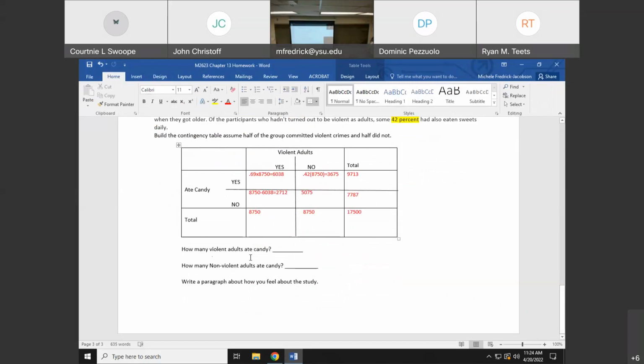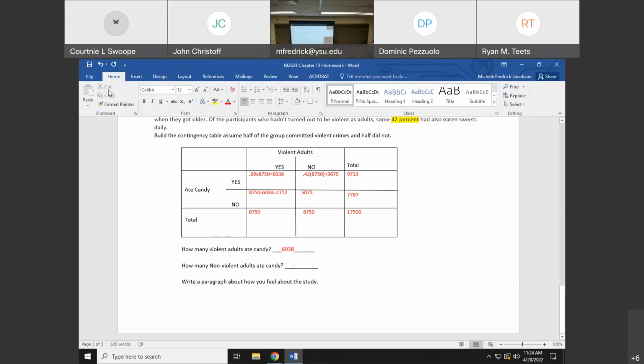Okay. How many violent adults ate candy? So violent here, ate candy here, so 6038 right here. How many non-violent adults ate candy? 3675?